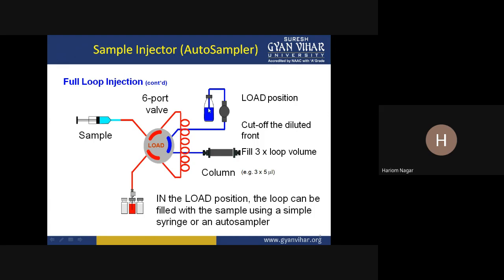And this is actually the solvent, or the mobile phase, passing through this loop. So when we have loaded the sample, and we rotate this, the solution of the sample reaches this position that is called the load position. Okay, and it passes through the column with this mobile phase.